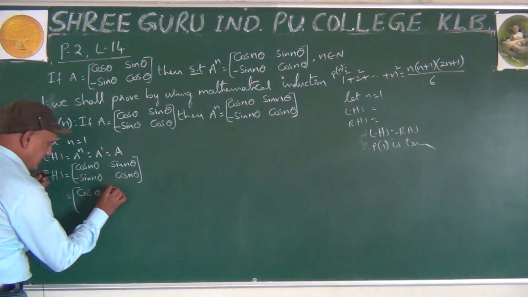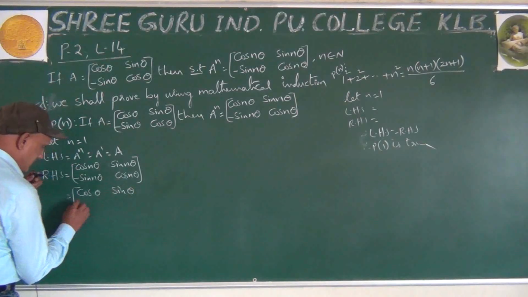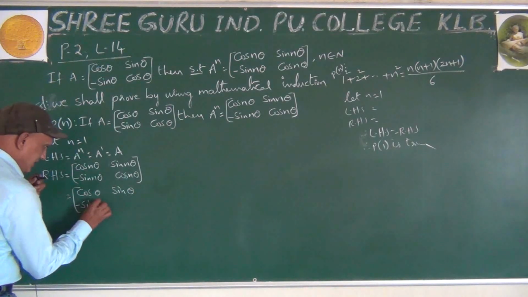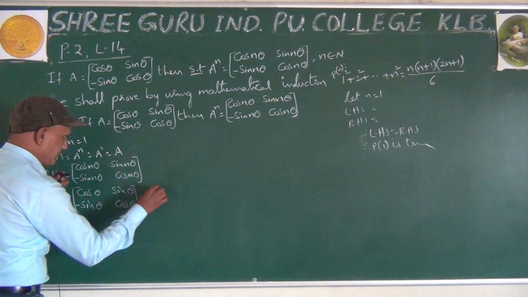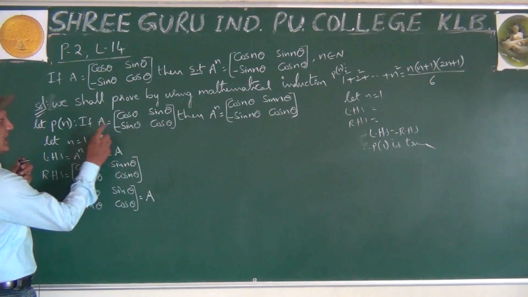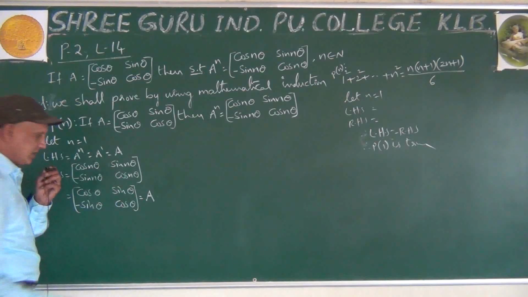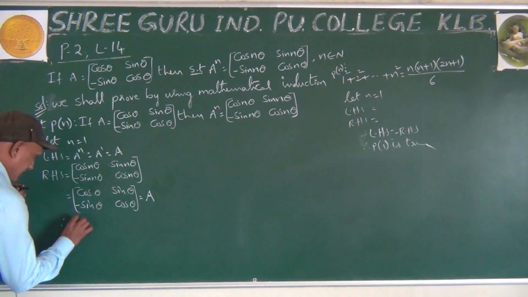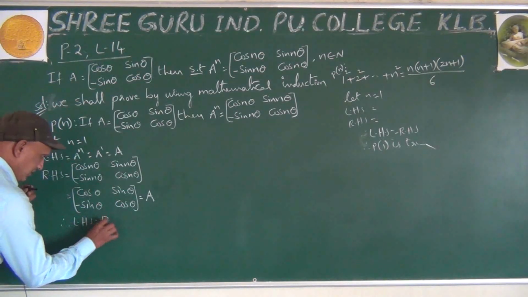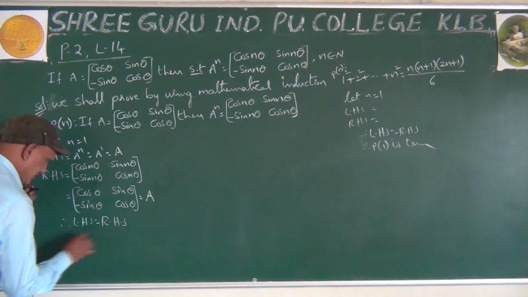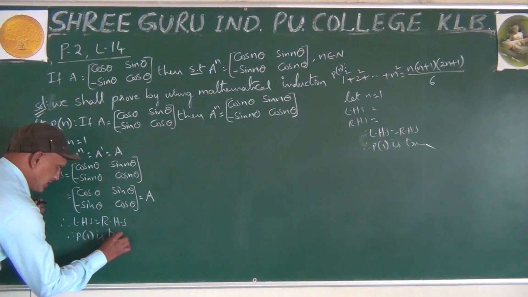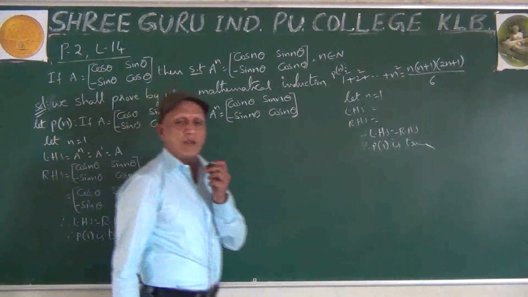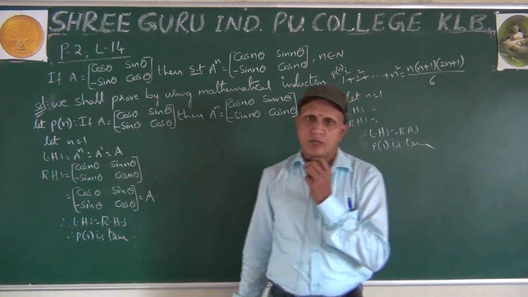So cos theta, sin theta, minus sin theta, cos theta. What is this? This is the given A. Therefore, LHS equals RHS. Therefore, P of 1 is true.